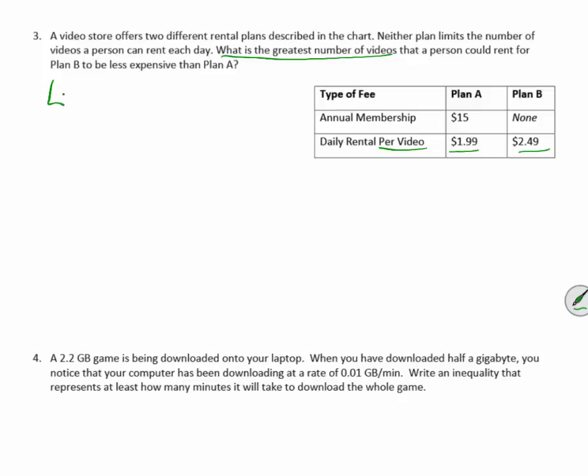So I'm going to start, let x equal the number of videos. Which means when it's per video, this is going to each get your x. So I want Plan B to be less expensive than Plan A. So Plan B is 2.49x, 2.49 times the number of videos.